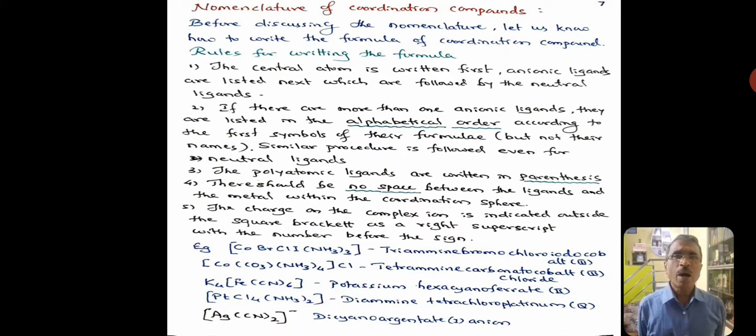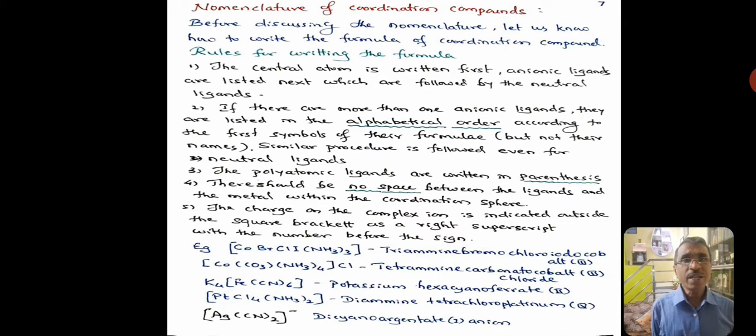The first rule says the central atom is written first, anionic ligands are listed next, followed by the neutral ligands. If I take the cobalt complex below, chloro, bromo and iodo are the negatively charged ligands and amine is a neutral ligand.